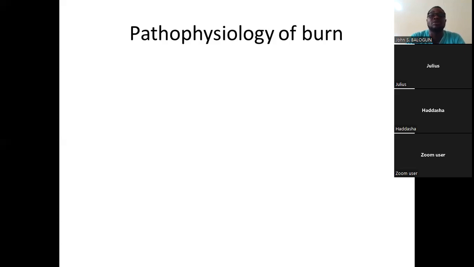In the physiologic state, it helps to prevent or reduce the flow of fluid, particularly plasma proteins, from the intravascular space to the extravascular space. But once this glycocalyx layer is damaged, there's free exudation of fluid from the intravascular space to the extravascular space, and that is one of the reasons why we have burn wound edema.